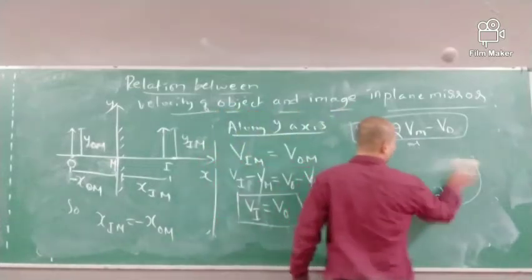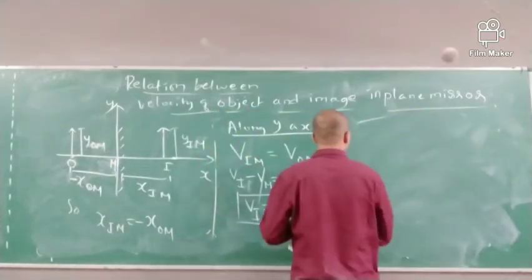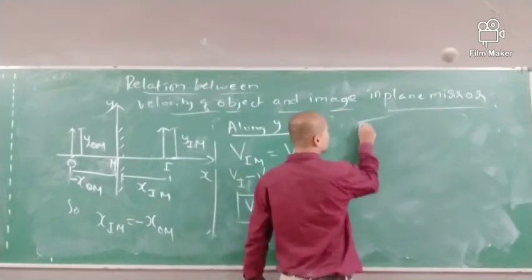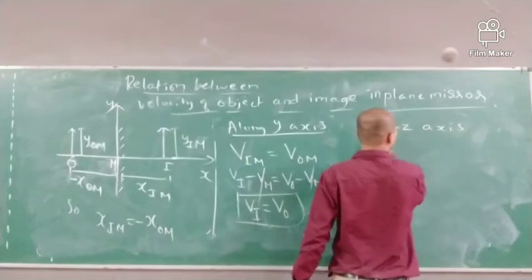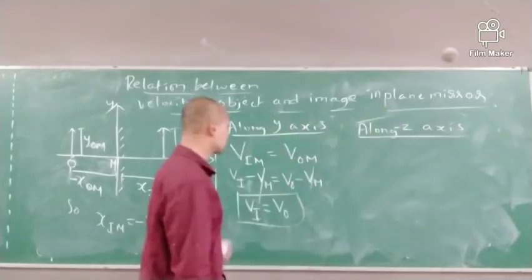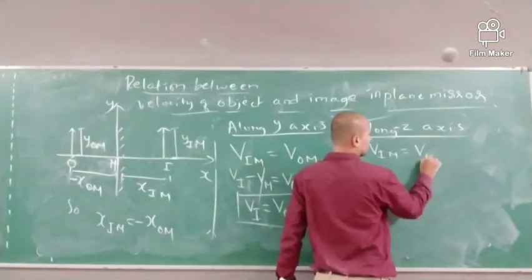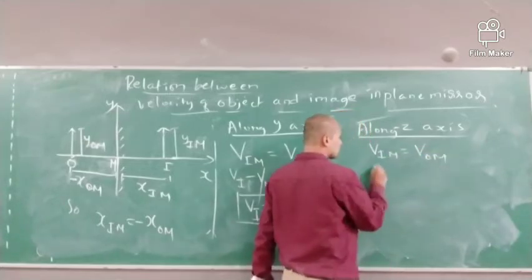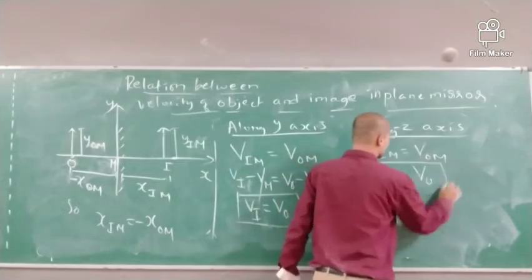Got it now? If I go for z-axis, along z-axis, what is going to happen? VIM was equal to VOM, here also same thing. So VI will be equal to VO, here also same thing.